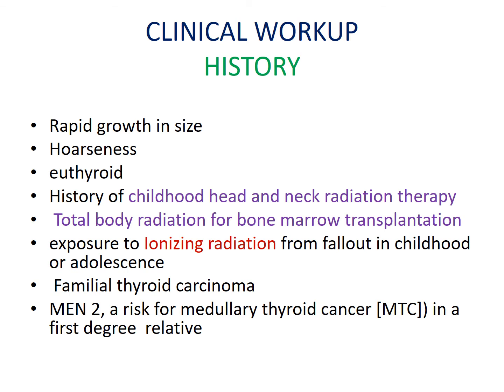Furthermore, in the history, if there is a history of childhood head and neck radiation therapy for any known reasons, or a history of total body radiation for bone marrow transplantation, or a history of exposure to ionizing radiation from fallout in childhood or adolescence, for example, patients who may have been victims of a bomb blast or were in the nearby vicinities and were under 20 years of age at that time, they are also at a higher risk of developing thyroid cancer at some time in their life.